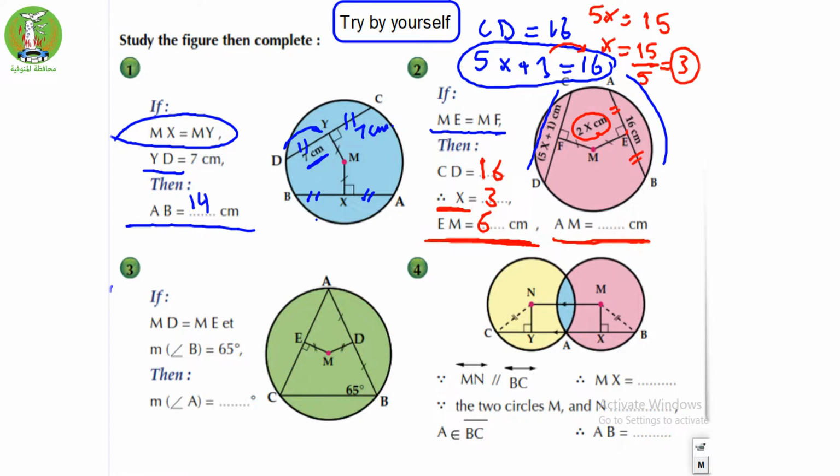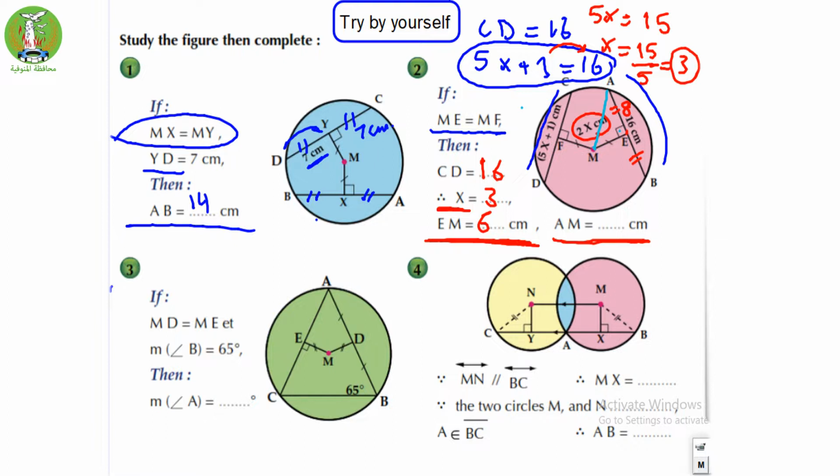Since AB equals 16 centimeter, then AE equals half. Then AE equals 8 centimeter. We want to find the value of AM, the radius. In triangle AEM, the right-angled triangle at E, by using the Pythagorean theorem, we can find AM.